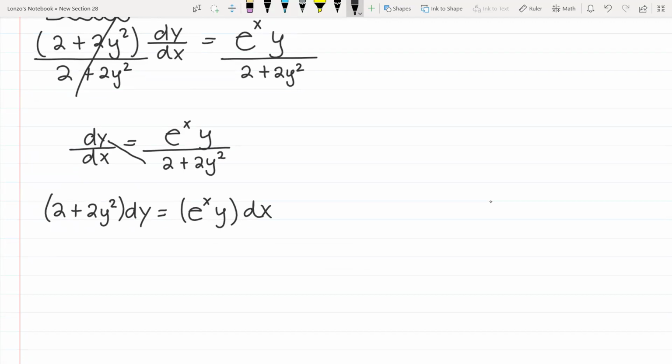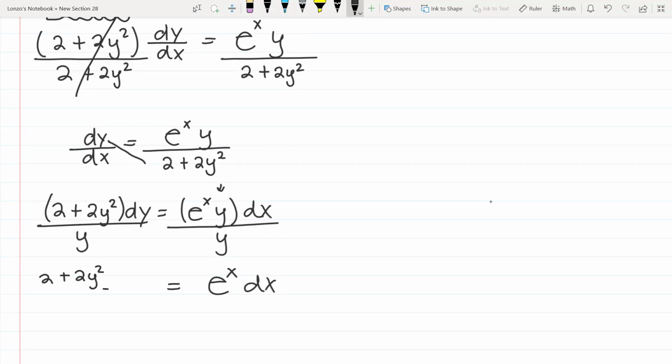Not quite. Do you see this y? It doesn't belong here because this is all the x's. So let's move this y to the other side by dividing both sides by itself. Now on the right you're left with e^x dx, and on the left you're left with (2 + 2y²)/y times dy.